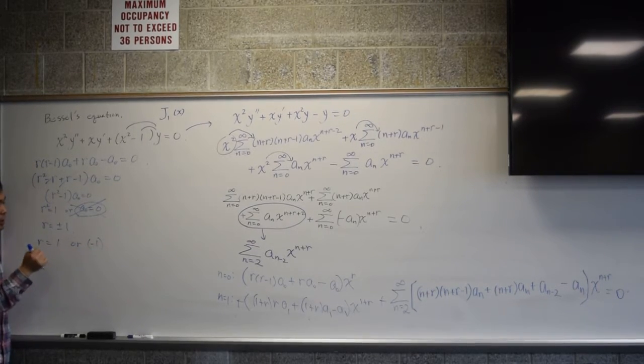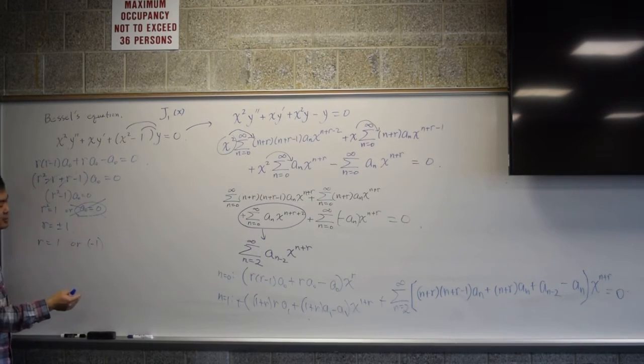However, if they differ by an integer, like this case, 1 minus negative 1 is what? 2, right? In that case, you may not have a solution for the lower one, and that case has to be handled in a completely different way.